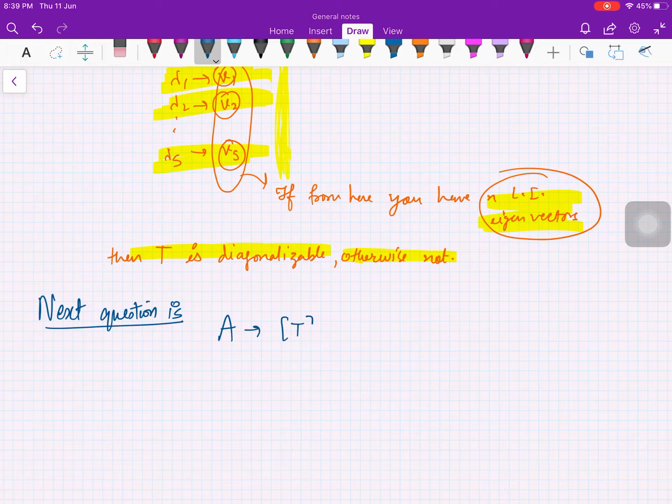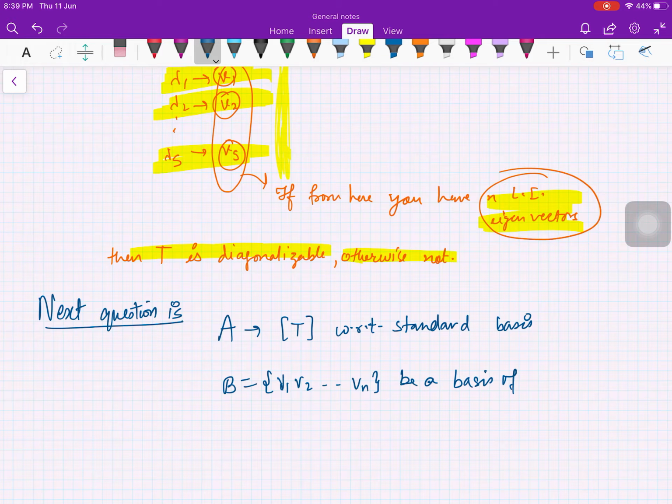Now the next question is: you have a matrix A which is the representation of T with respect to the standard basis, and suppose you find v1, v2, up to vn, a basis of V consisting of eigenvectors only.